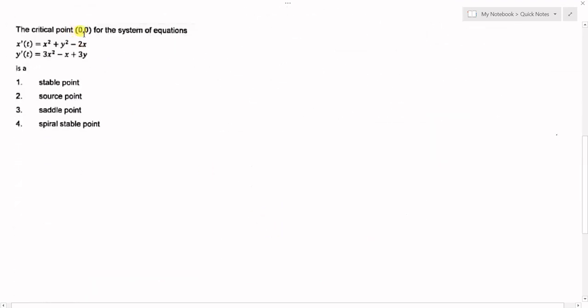In this problem, we are given that (0, 0) is a critical point of the system x'(t) = x² + y² − 2x and y'(t) = 3x² − x + 3y. Let us denote f(x, y) = x² + y² − 2x and g(x, y) = 3x² − x + 3y.